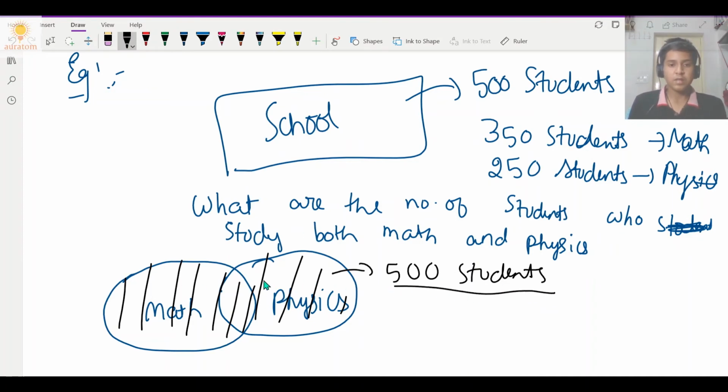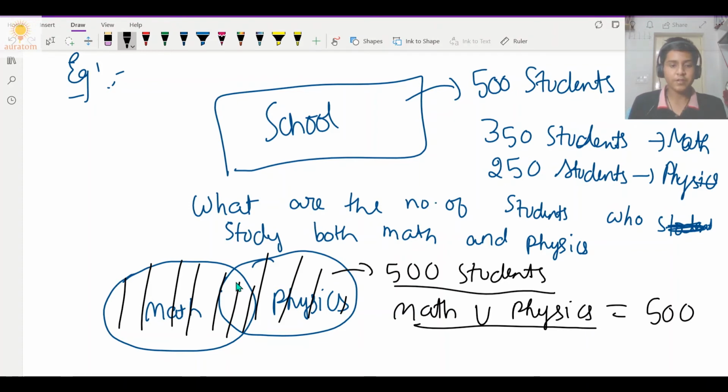And now, because this part will be math union physics, if we represent them as two sets, this whole part here is math union physics, and that's equal to 500.